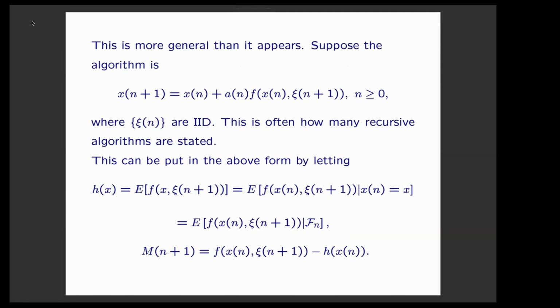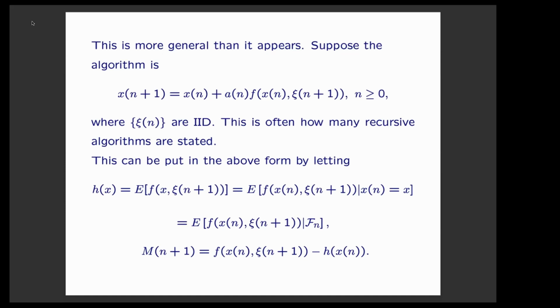One thing I want to be clear about is that this is more general than it appears. It appears like additive martingale difference noise, but a generic algorithm will look like this: f(x_n, ξ_{n+1}), where ξ_n is IID. Just add and subtract the one step conditional expectation and it reduces to the additive martingale difference form. So it is quite a broad framework.